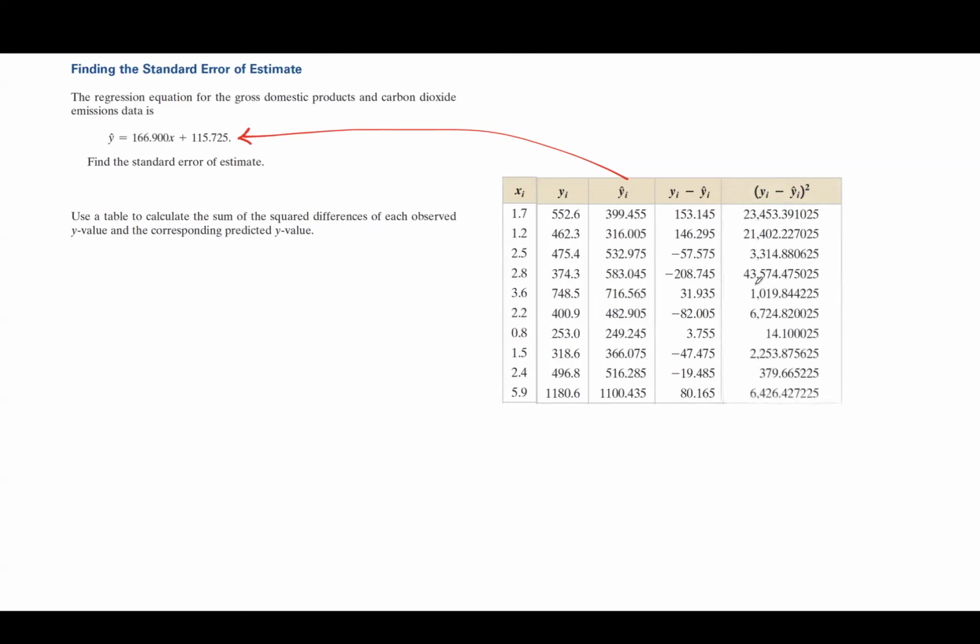Now you're going to add them all together, the whole values in this column, and finally divide them by n minus 2. And then finally take the square root.